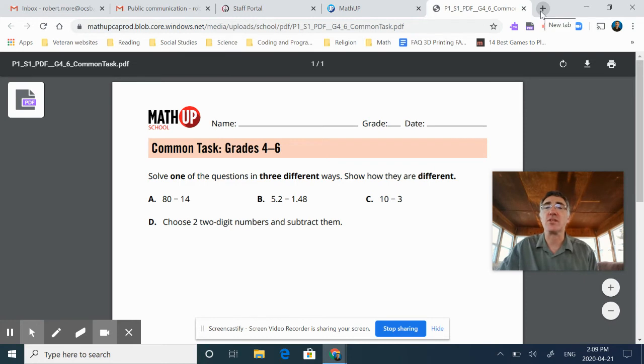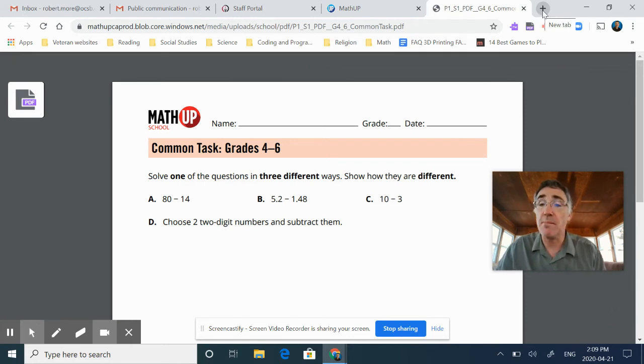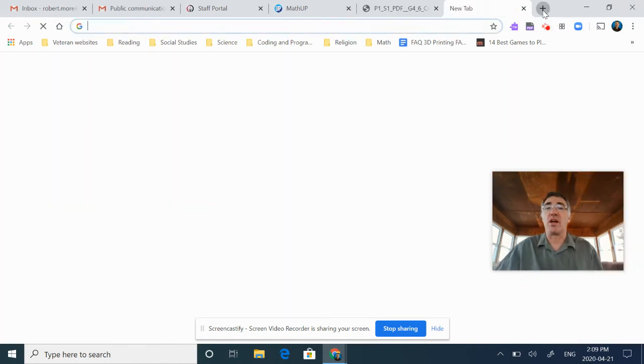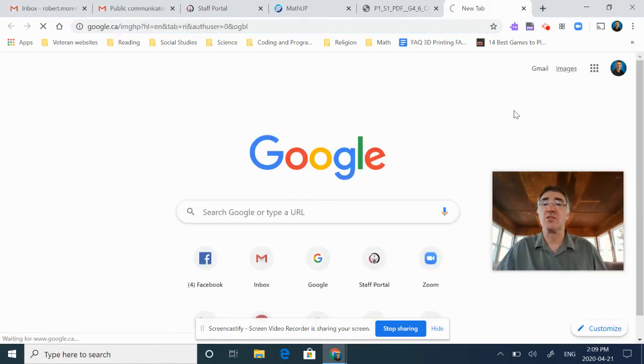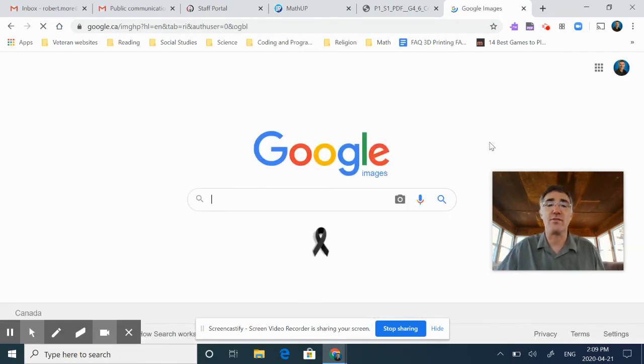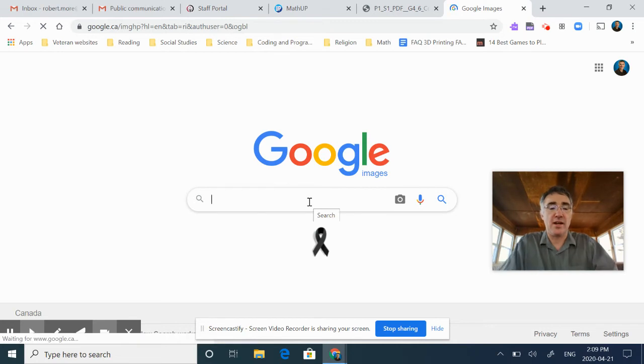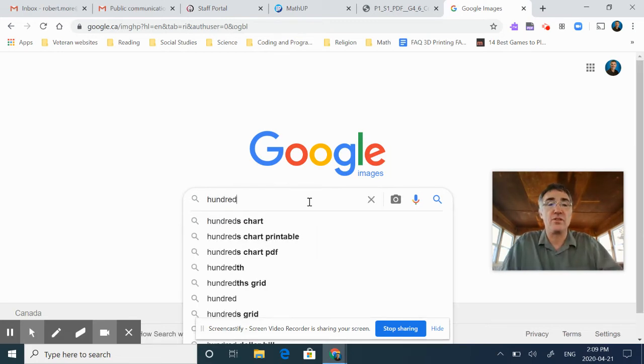Well, obviously an easy way to accomplish that is with a number line. And with a number line, I'm simply going to hop up to my top here, and I'm going to go to images. We'll see if my internet's working for me. Hopefully it is. And I'm just going to put in 100 chart.